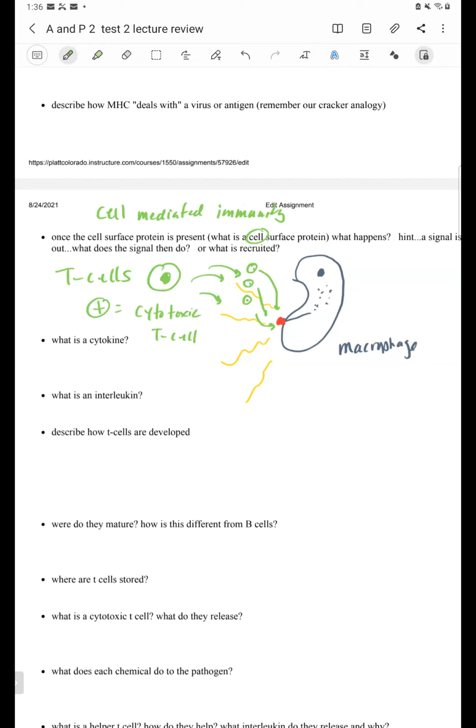Okay, so what is a cytokine? Now we listed a bunch of those in our longhand notes, I think toward the end. So you have your interferons, your interleukins.